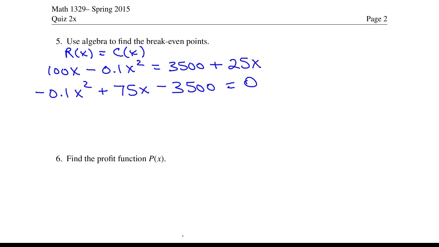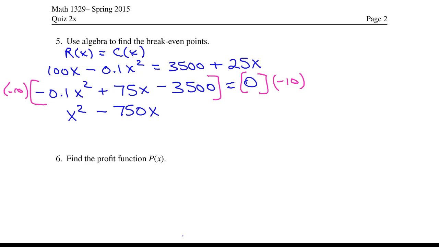I'm going to multiply both sides by -10. And that's going to get rid of the leading coefficient decimal. So this is going to be x squared - 750x + 35,000 = 0.